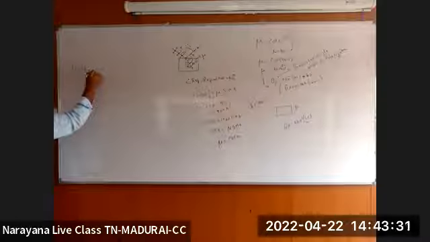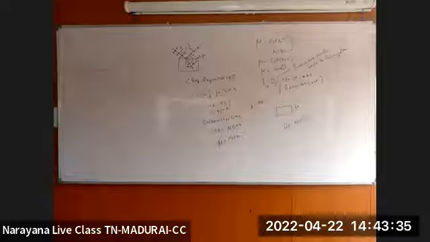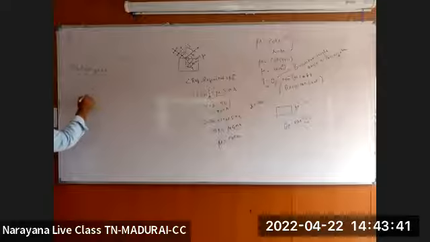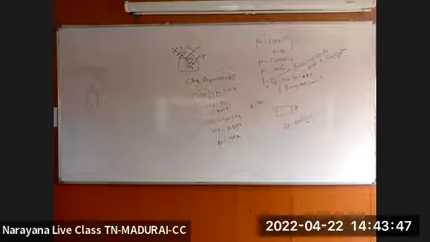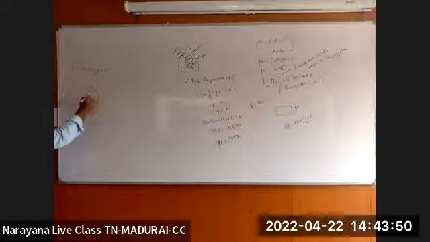Polarizers. What is a polarizer? Polarizers are hexagonal in shape, like a benzene ring, and they have one vertical slit.